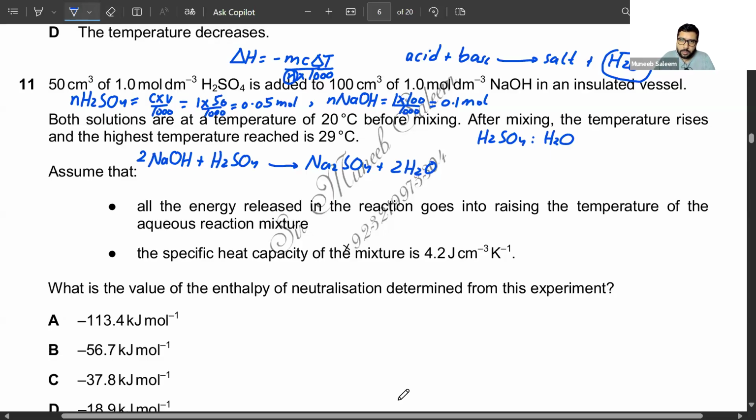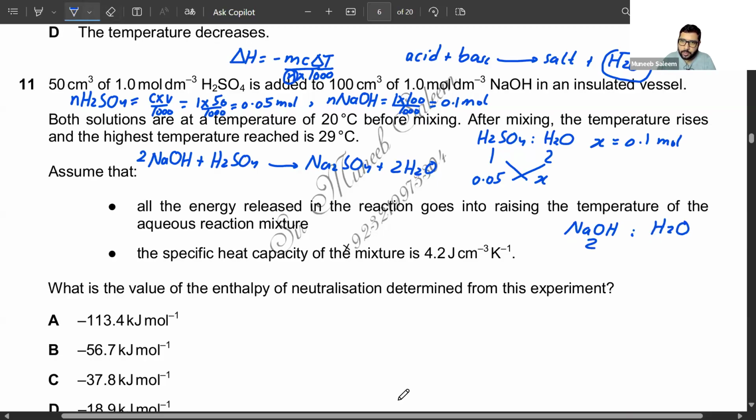In the balanced equation, we have 1 mole of sulfuric acid and 2 moles of water produced. The calculated value for moles of sulfuric acid is 0.05, and the water becomes X. After cross multiplication, the X value is equivalent to 0.1 mole. Now similarly, take the ratio between NaOH and water.